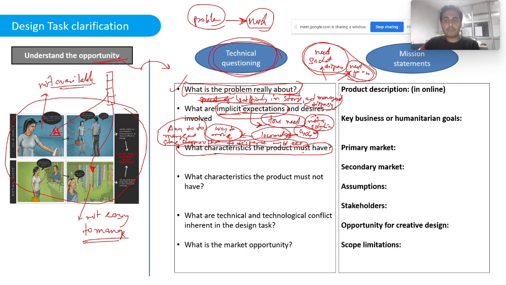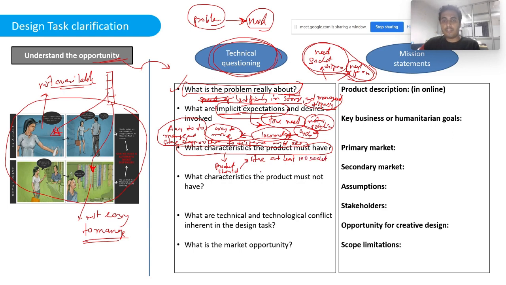So what characteristics must the product have? You may think the product should store at least 100 sachets.